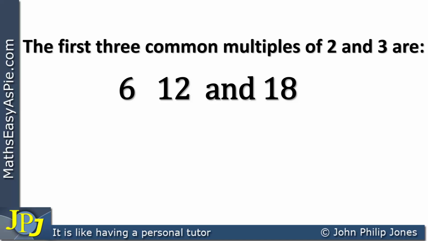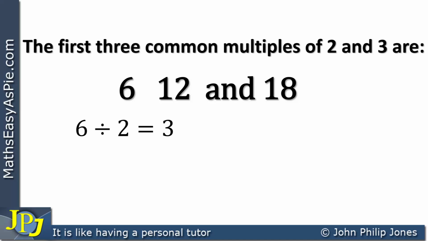I'm going to check indeed whether the 6, 12, and 18 are multiples of 2, and then I'll check whether they're multiples of 3. And the way in which you do that is as shown here. You take the 6 and you divide it by 2, and you can see the result is 3, which is a whole number. In other words, 2 goes exactly into 6 with no remainder.